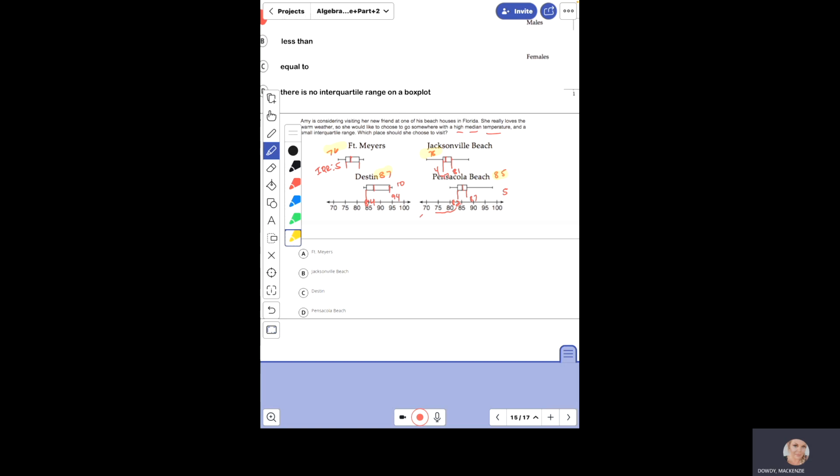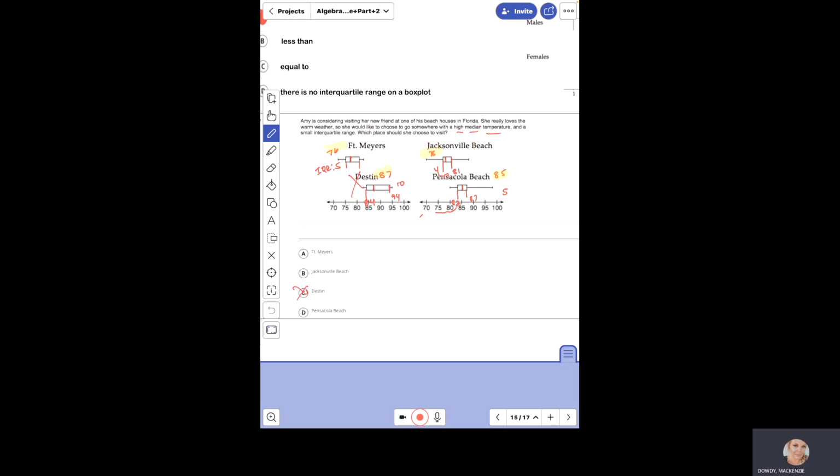Okay, sorry. So then we have the interquartile range for this one of 5. We have 5, 10, 5, and 4. So Destin does not have a small interquartile range. We can eliminate Destin.